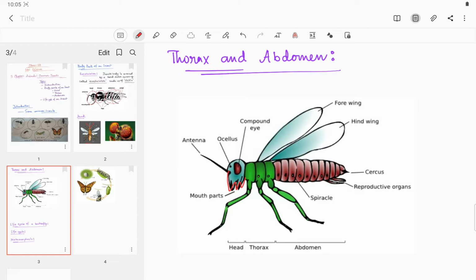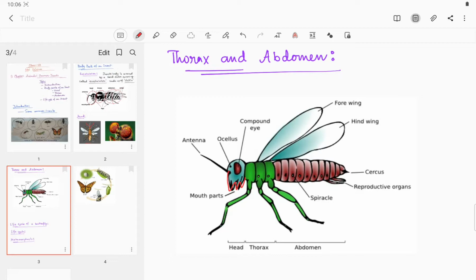Some others like butterflies and moths have siphoning type of mouth parts, adapted for sucking nectar from flowers. And mosquitoes have a needle-like mouth part. They use it to break through the tissues of animals and plants to suck blood and plant juices respectively. And ants have powerful jaws that help them to dig and collect food. So different types of insects have different types of mouth parts, right?